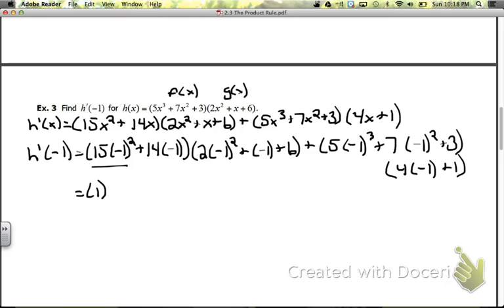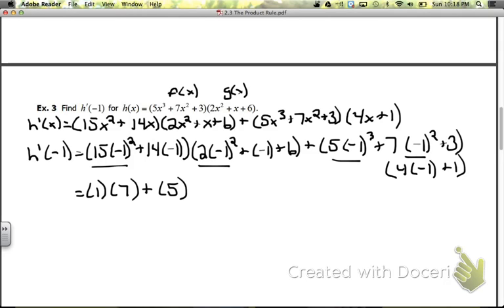Here, -1 squared gives positive 1, so you get 2, 2 minus 1 plus 6, so you're going to get 7, plus -1 cubed here, so it's going to be -5 plus 7, because this -1 squared will give a positive, plus 3, so you're left with 5.